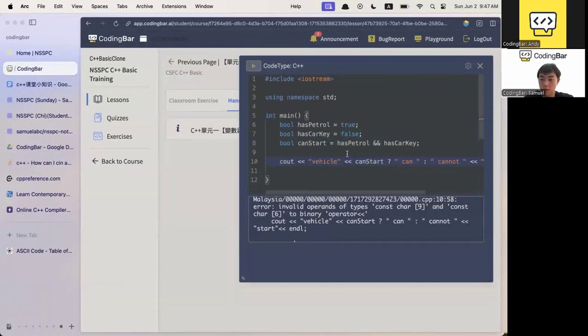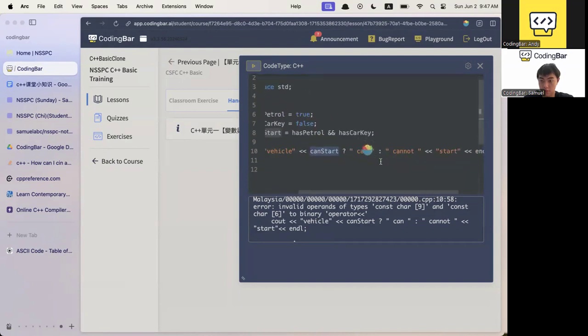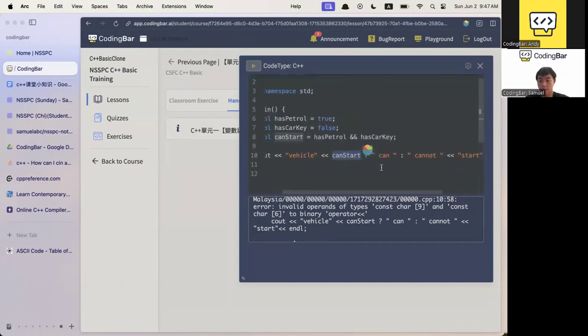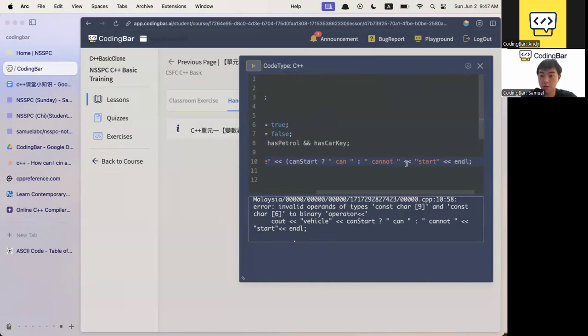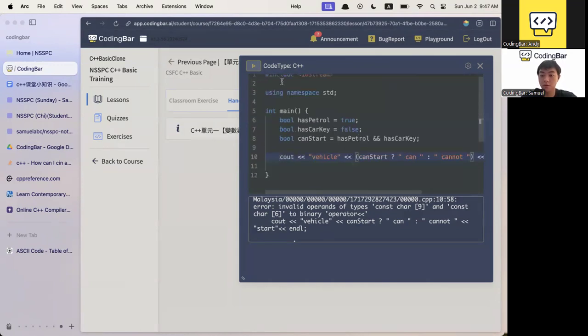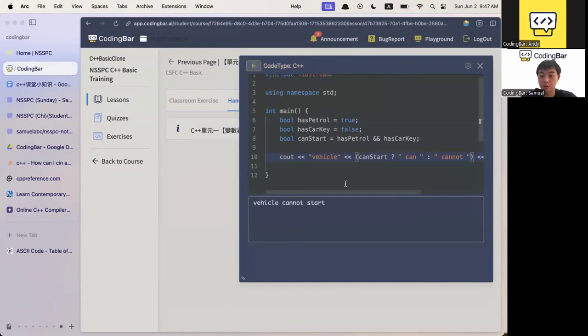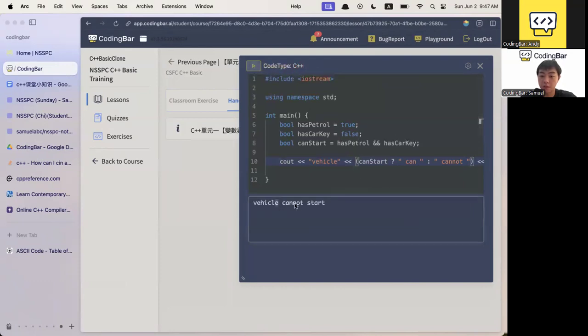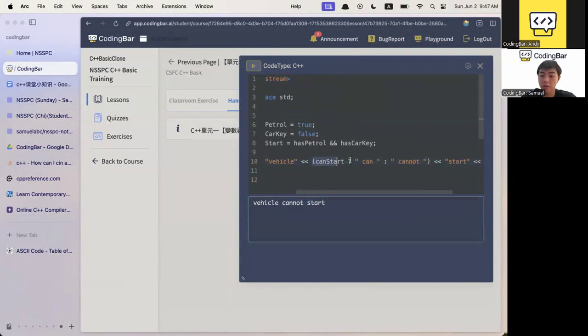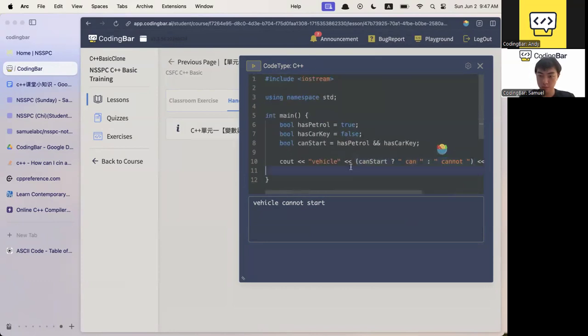So it's throwing an error here. Probably I should wrap this in parentheses. So it's telling us that the vehicle cannot start. Don't worry if you can't understand this syntax right now. I think we covered it in the same chapter. This is something to do with conditional statements.